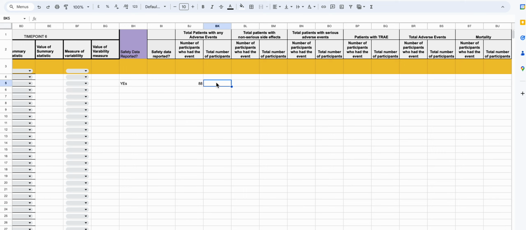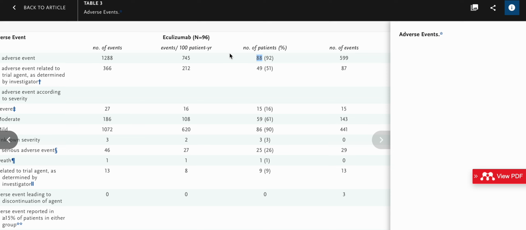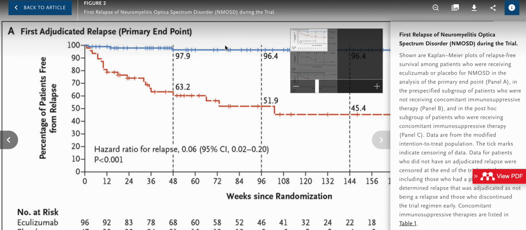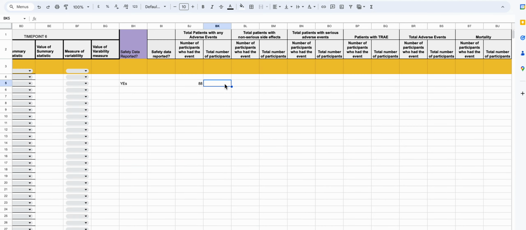And what was the total number of patients over there? 96 patients were there, right? So this number would be entered over here in the BK5 cell, right? So this is what we would be entering in this data.